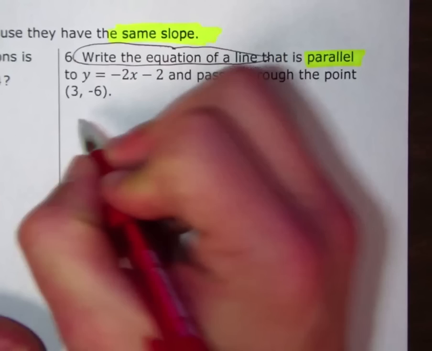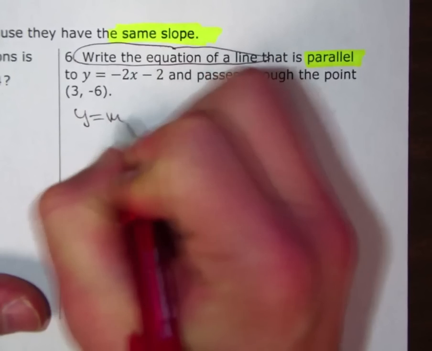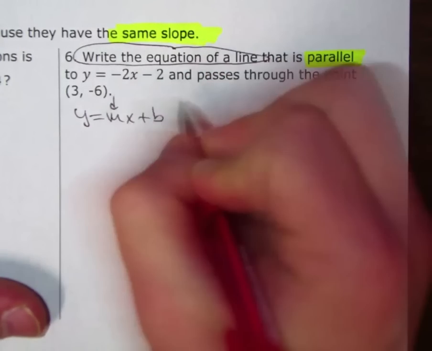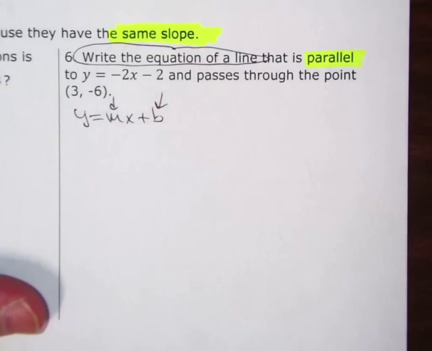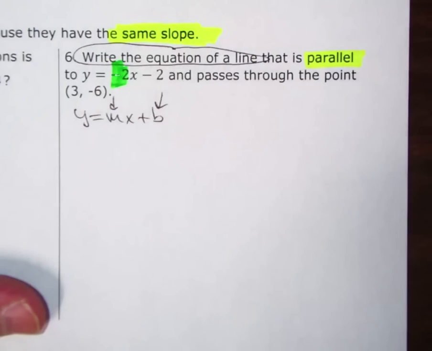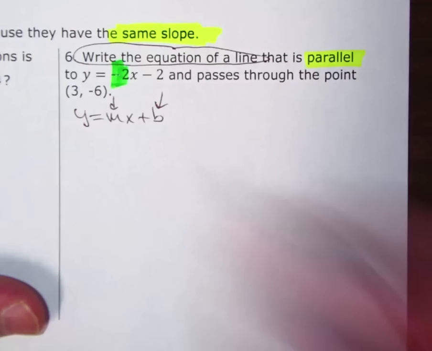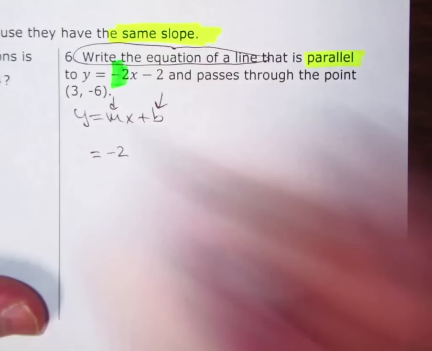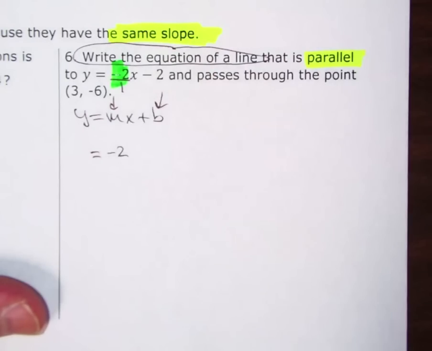So I want to write an equation of a line, and I'm going to choose slope-intercept form, which means I need a slope and I need an intercept. Well, the slopes can be the same because I want to be parallel. So I'm just going to put -2 right there. Don't forget that's -2/1.